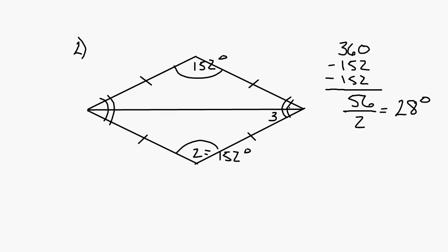What that means is that this angle here is equal to 28 degrees, and this angle over here is equal to 28 degrees. This whole angle is 28, and this whole angle is 28. But you're looking for angle 3, and these diagonals bisect these angles. So angle 3 is going to be equal to half of 28.